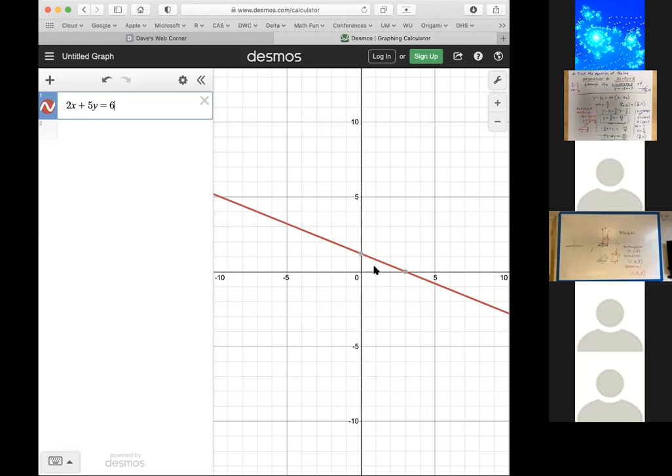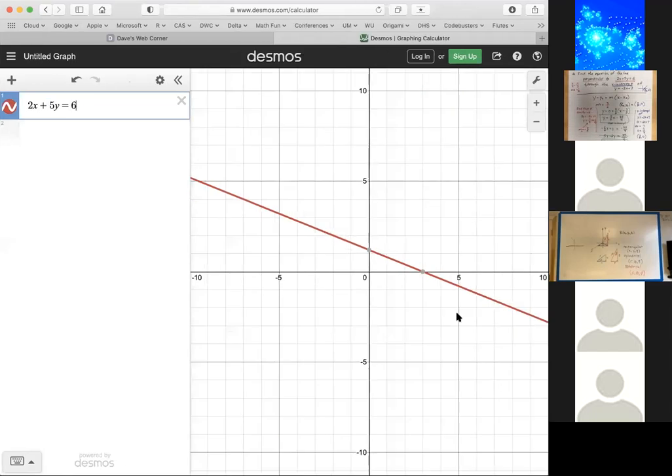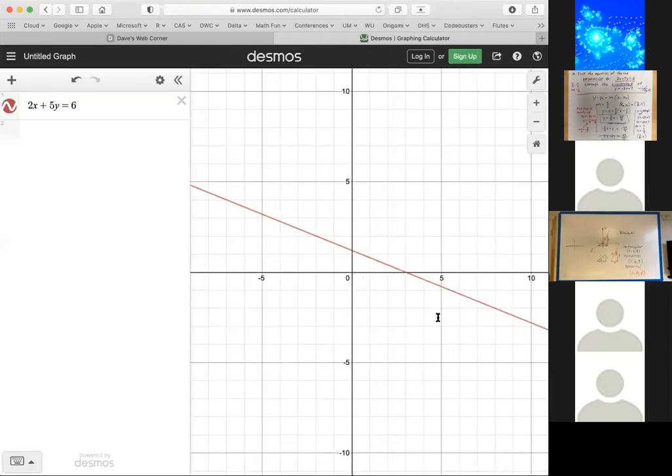And do you know Desmos just graphs the line 2x plus 5y equals 6. It doesn't need slope-intercept form. Although you can check that this is going down 2 and right 5 to get to 3, 0. So you could check that this does match the slope of this line.